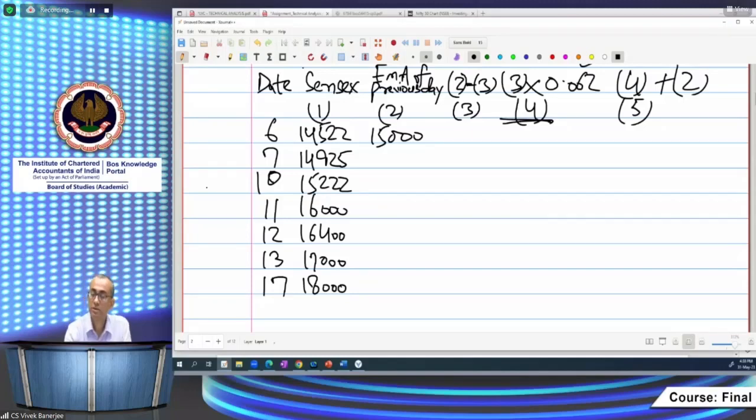It is coming to minus 478. This figure will be multiplied by the exponent. The exponent is given in the question, which is 0.062. Multiplied by 0.062, it comes to 29.636. This figure is a minus figure, and it will be added to the previous day EMA, that is 15,000.